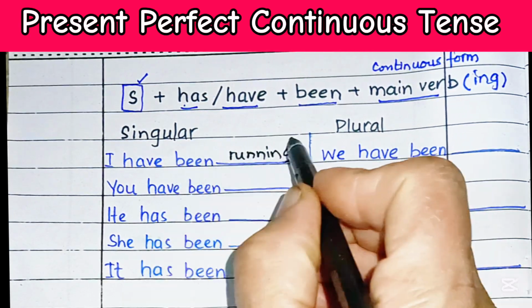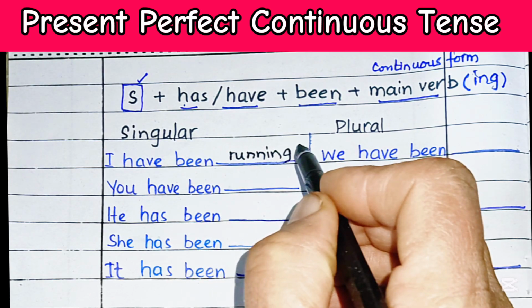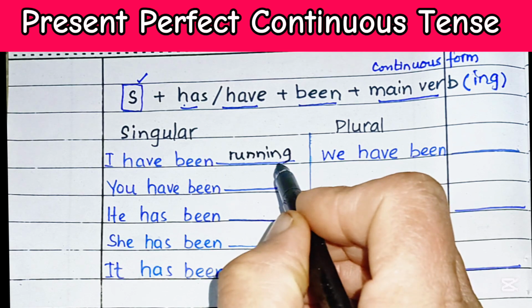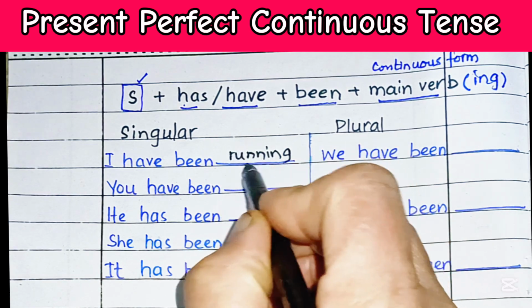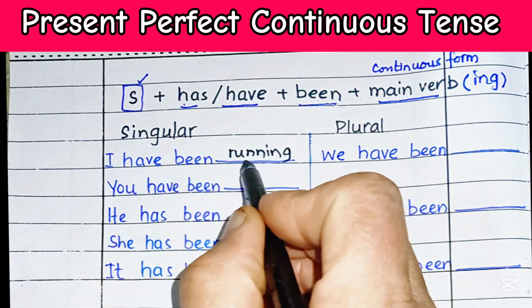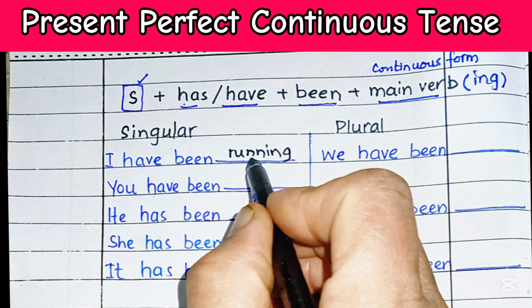The main verb goes over here and it will be in continuous form. So if we have a verb like run, R-U-N, I have been running. We have to double the N for spelling.